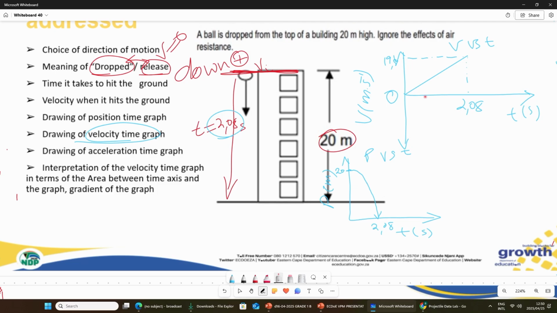As the object goes downwards, the velocity increases, from 0 up until it reaches 19.8. So the velocity is increasing in the positive direction, since you took downward as positive.